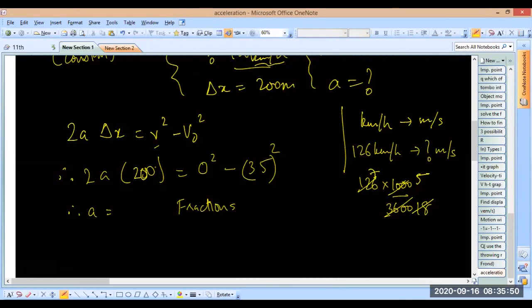Simplify that fraction, Ami. People, I said I want the answer in fractions. What are fractions?